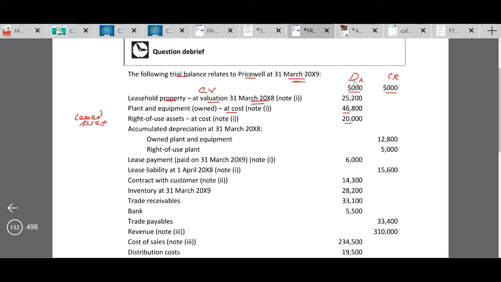Cost is 20,000. And the accumulated depreciation of the owned plant is 12,800 and right of use plant is 5,000. So why have we not been given the accumulated depreciation of leasehold property? Because already the carrying value is given. Carrying value is cost minus accumulated depreciation.